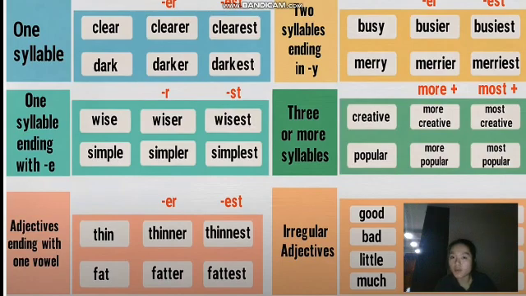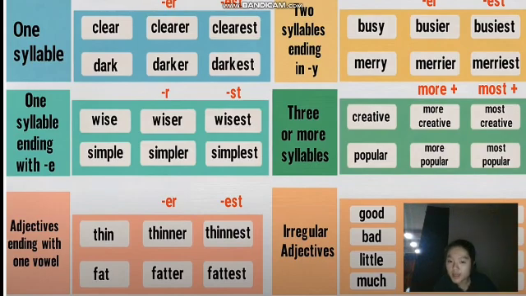For adjectives ending with Y, as I said before, change the ending into IER and IEST. Long adjectives usually have three or more syllables, so add more for comparative and the most for superlative.